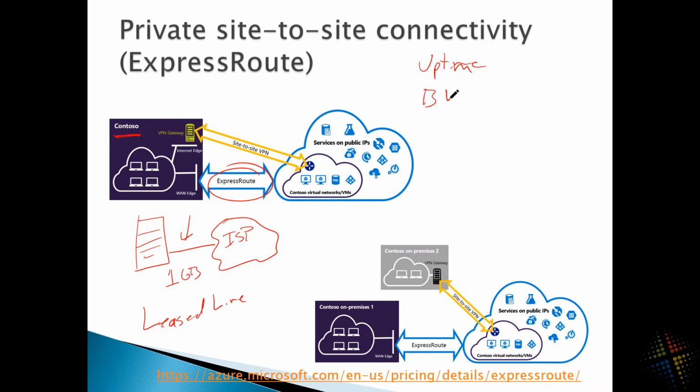My bandwidth is still available for me. My privacy is there. And then the fact that I own that link, so I don't have to necessarily share with anybody else in my neighborhood. I can literally have anywhere from a 1 up to, I believe, 100 gig connection between my building, Contoso right here, and Azure.